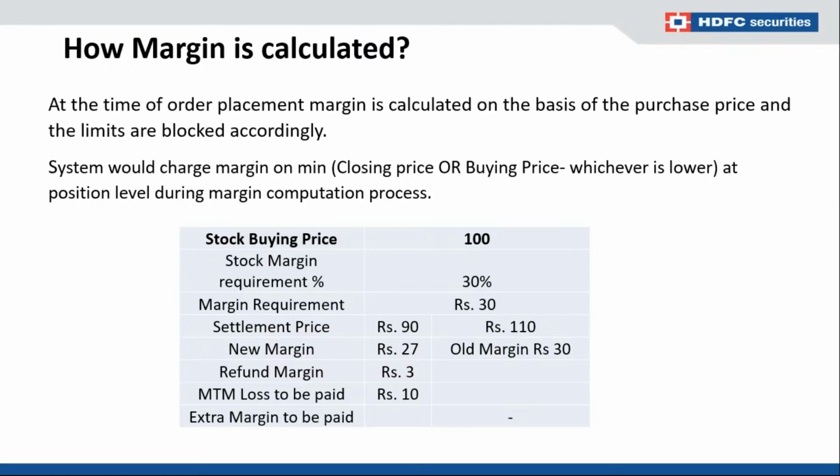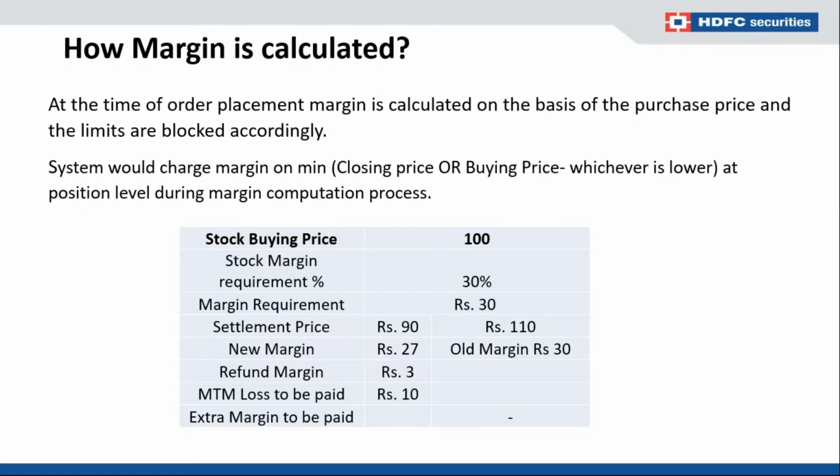But when the market falls, suppose you have taken the position at 100 rupees and the stock price falls to 90 rupees, at that time we will charge you that 10 rupees, the whole margin. Initially we calculated your margin on your stock price, which is 100 rupees.